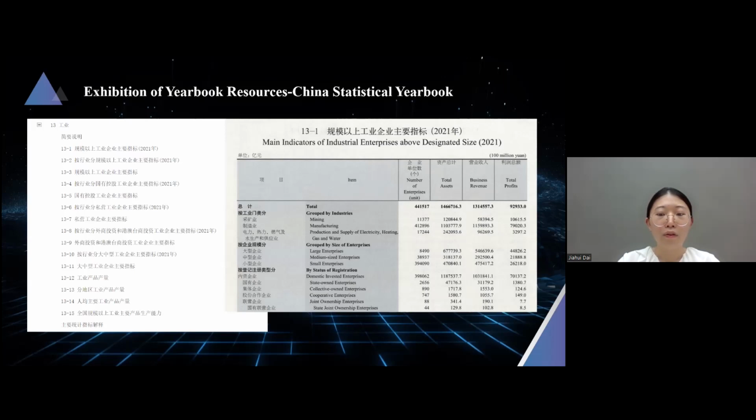The table of major indicators of industrial enterprises above designated size on the right shows the data of industrial enterprises above designated size grouped by industries, size of enterprise, and status of registration, including their number of enterprises, total assets, business revenue, and total profits in 2021.